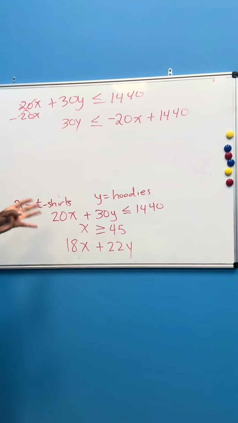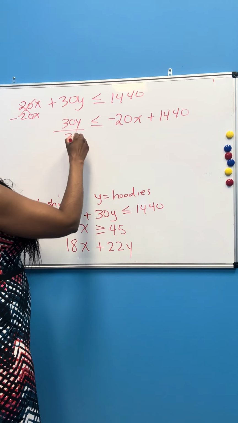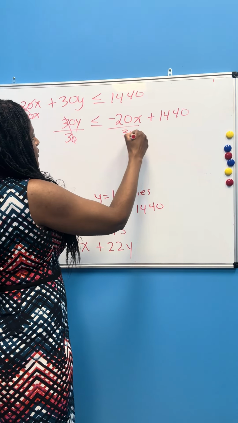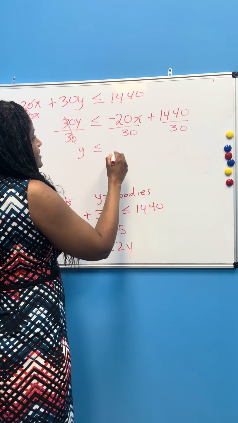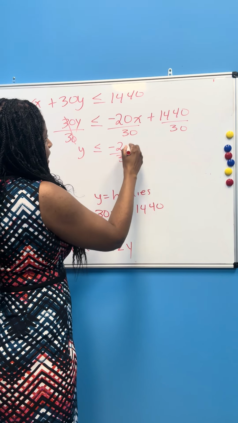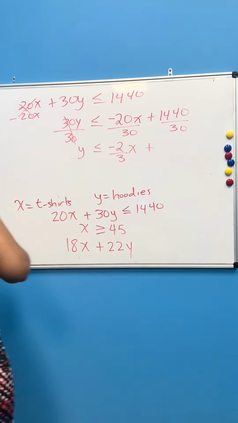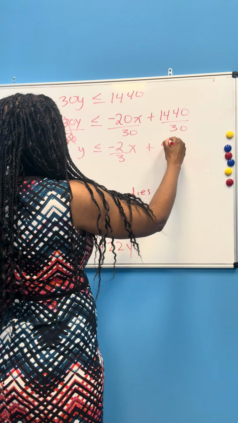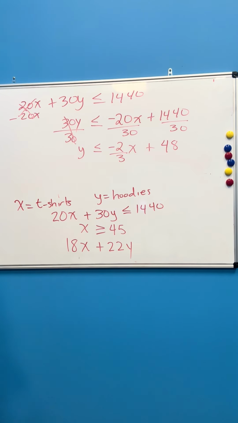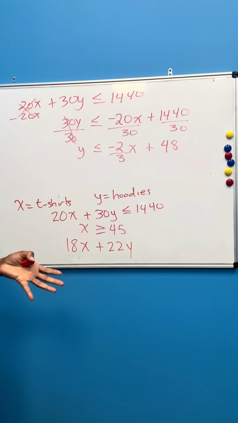And now we would divide by 30. Divide this by 30 and divide this by 30. That simplifies to negative 2/3 x, and 1,440 divided by 30 simplifies to 48. So now I have this in a better way to graph it.